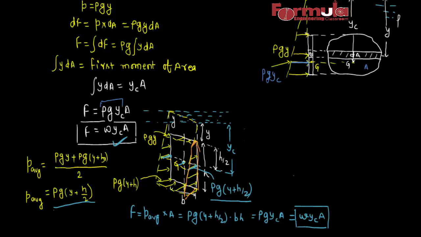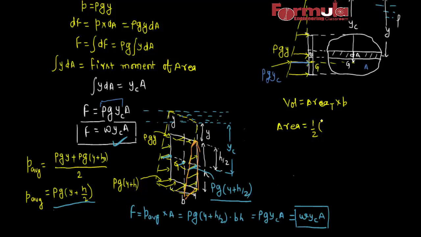So let volume be equal to area of trapezium into width, that is b. So what is the area of trapezium? It will be 1 by 2 into the sum of two parallel sides. The parallel sides are this one, equal to rho g y, and this one, equal to rho g y plus h.